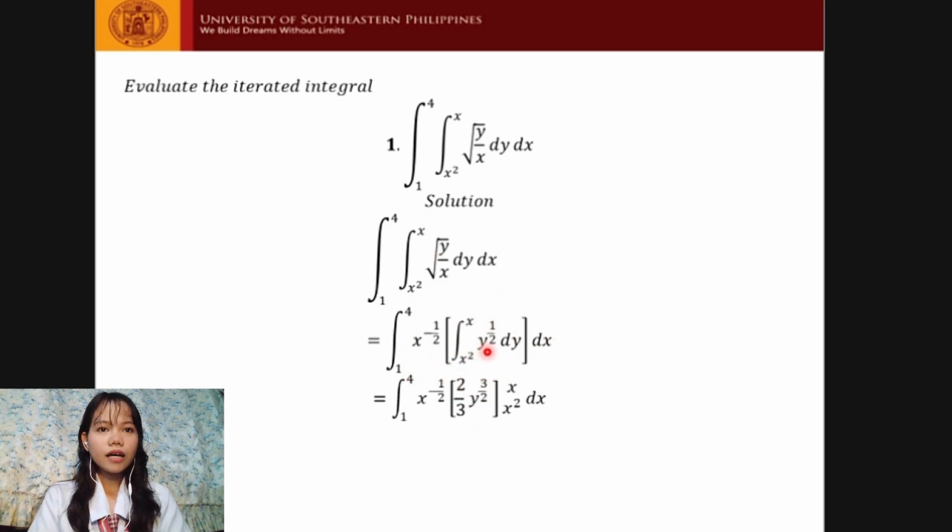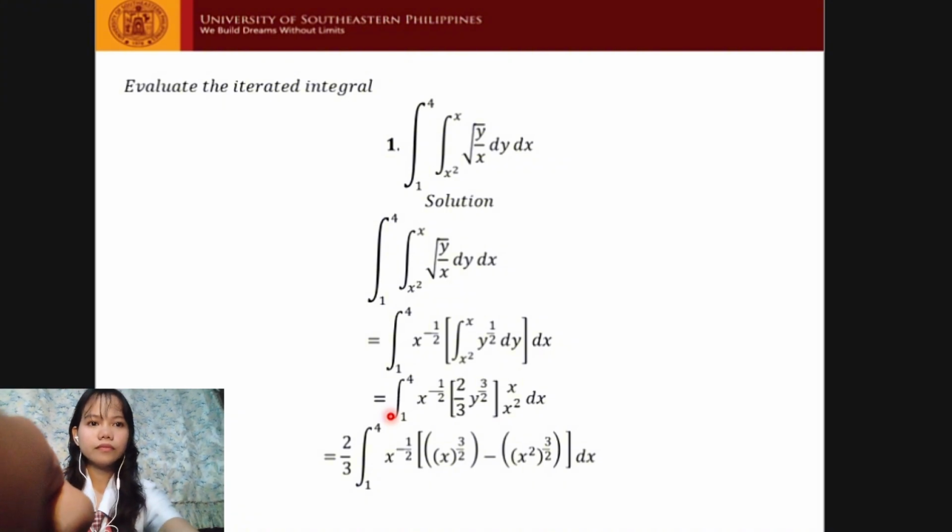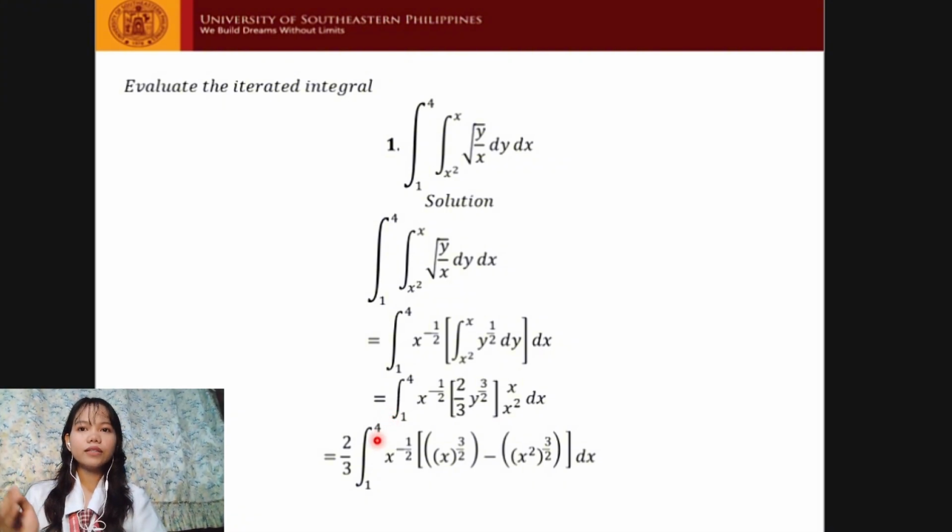So the integral of this part, y raised to the power of 1/2, is 2/3 y raised to the power of 3/2 evaluated from x squared to x. So the next thing is to substitute or to evaluate the integral, no? So we have now the 2/3, since 2/3 is a constant, multiplied to the integral of this function with respect to x.